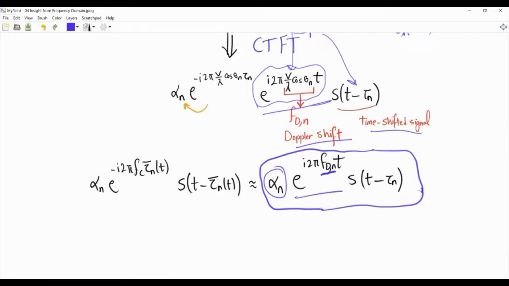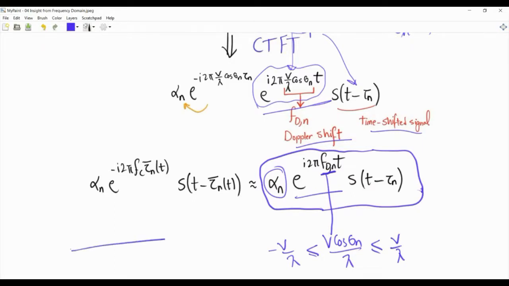And this frequency can be positive or negative, right? Because fd is v cosine theta n over lambda. Note that this quantity lives between minus v over lambda and v over lambda, because of the cosine.